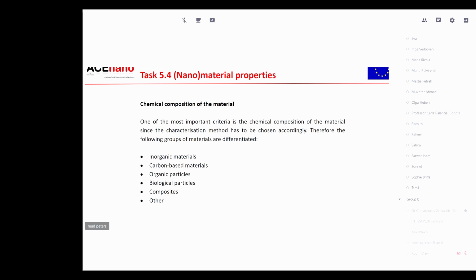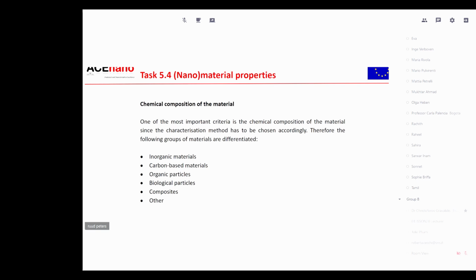Another one which is obvious, of course, is the chemical composition. And this is one of the most important criteria, since the characterization method has to be chosen accordingly. For example, an ICP-MS can only serve as a detection technique if the material is inorganic and contains elements which are suitable for detection with ICP-MS, for instance, silver or titanium dioxide.